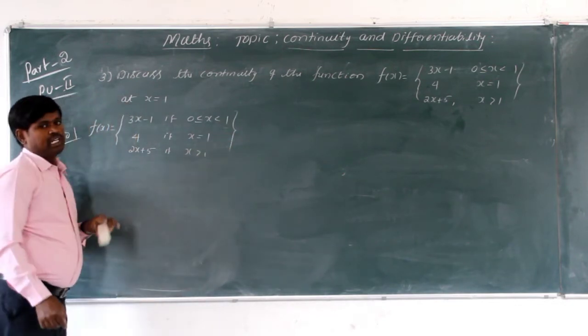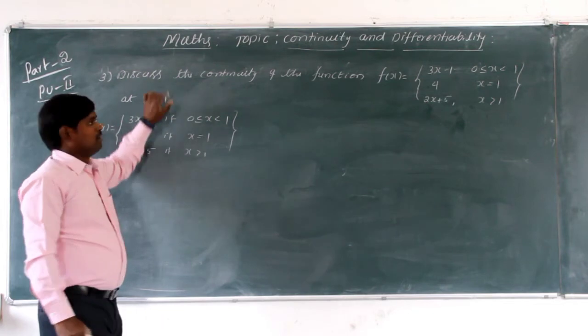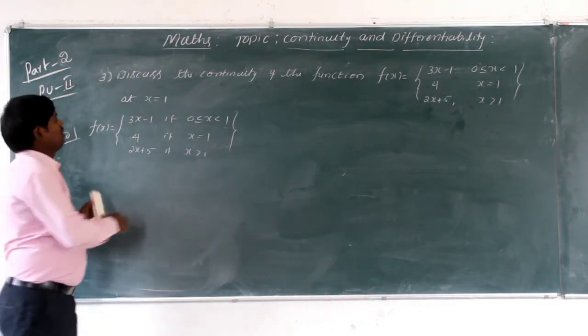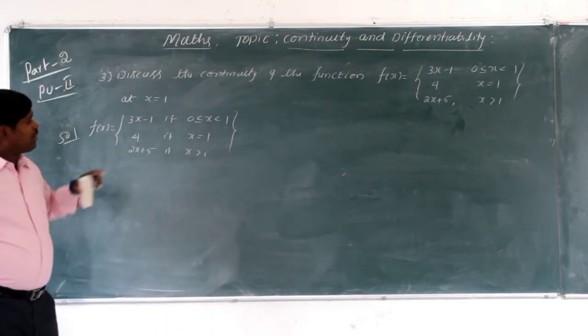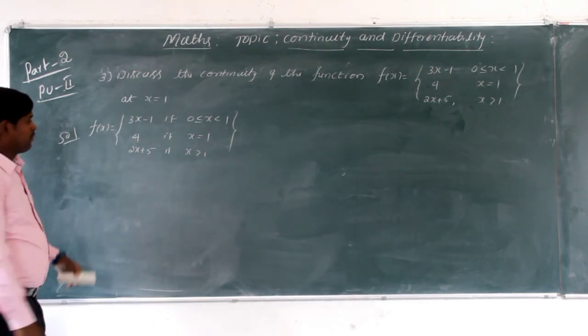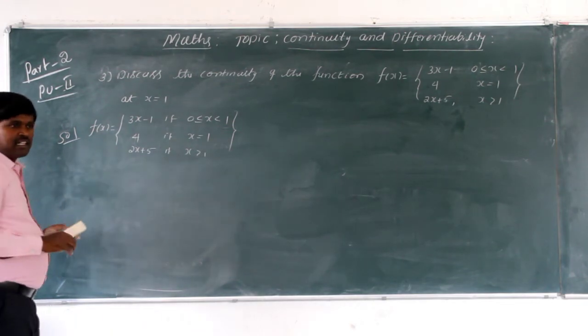We need to discuss the continuity of this function at x is equal to 1. So what about the continuity at the particular point x is equal to 1? Therefore, we go through the limits first.